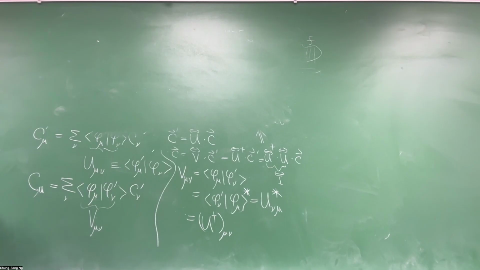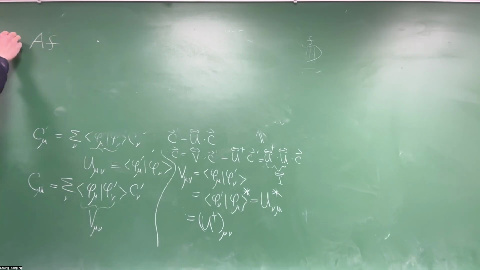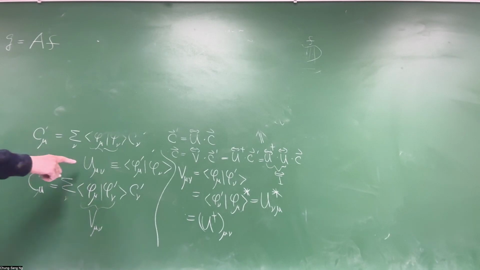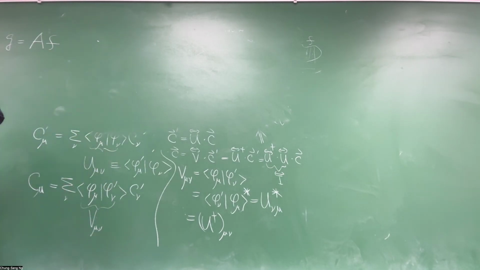The text will use the Dirac expression to do this discussion, which is fine, but it's not strictly necessary. So you can define, say, if A is an operator, A operating on F will give you G. And now you do a basis transformation, just like what we did here.